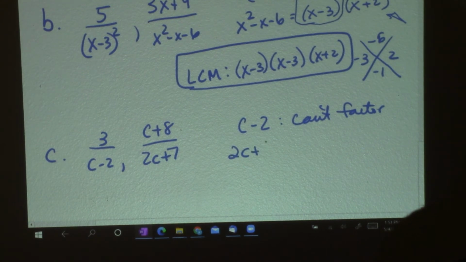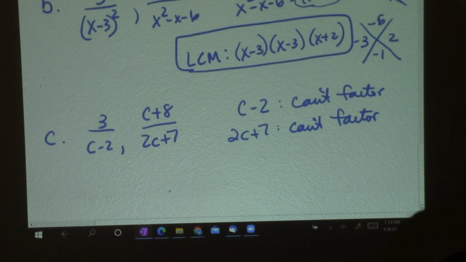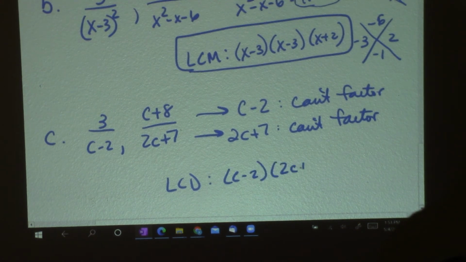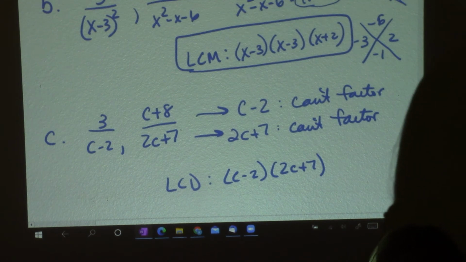And then this one, 2c plus 7, I can't factor that either because that's as simple as it's going to be. So I just need to include, and they're both different. So this one is definitely different than this one, so my least common denominator is both of them multiplied together.